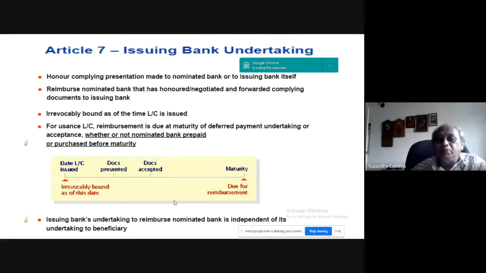Then on maturity, it is due for reimbursement, right? The issuing bank's undertaking to reimburse the nominated bank is independent of its undertaking to the beneficiary.